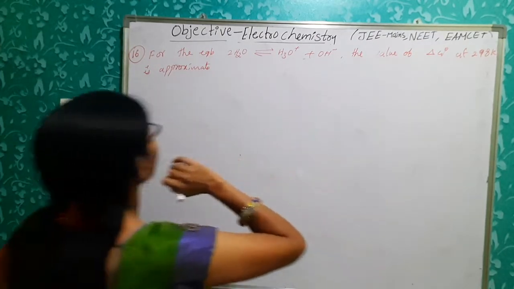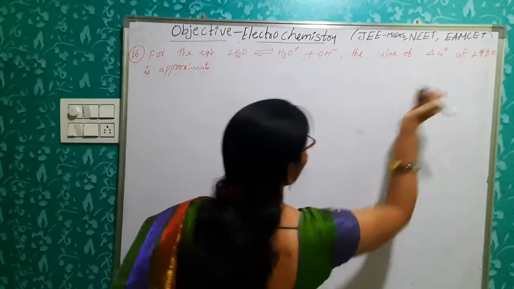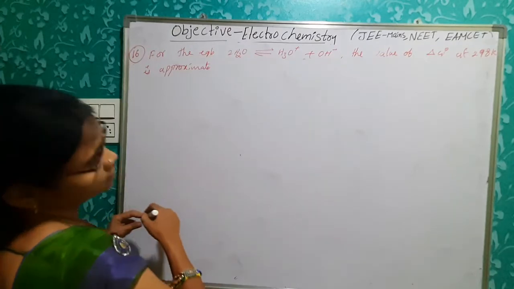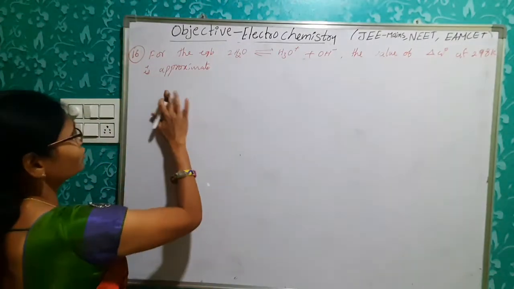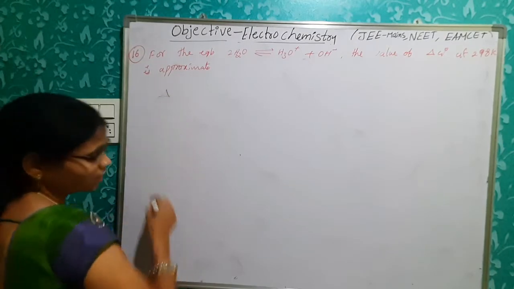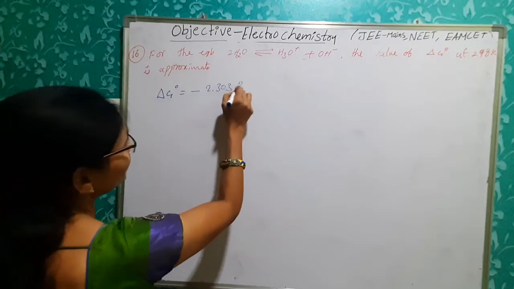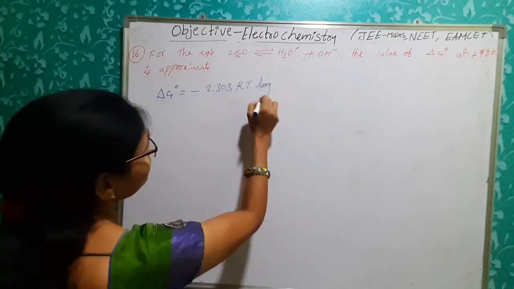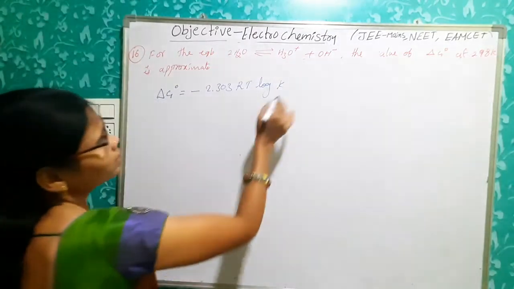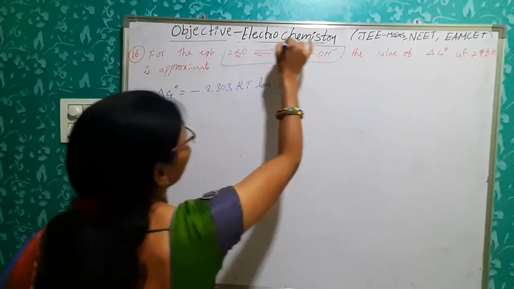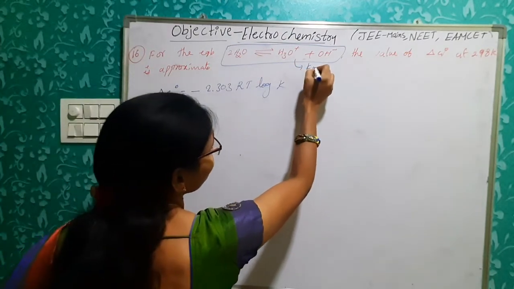Okay, next, for the equilibrium 2H2O giving rise to H3O+ and OH minus, the value of delta G at 298 kelvins is approximately? So we have to calculate delta G. It didn't give anything, but we have to calculate the delta G value. So I will show you. See here, delta G naught is equal to minus 2.303 RT log K. For the equilibrium reaction of water, simply you can take K as the ionic product of water.